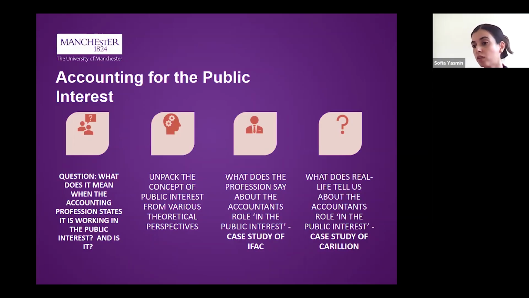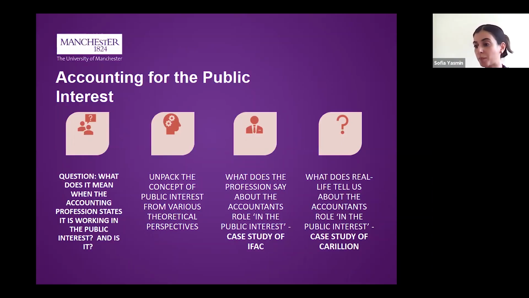And then we go on, after we've unpacked the notions, and one thing that students try to unpick and understand is that it's such a complex term, this notion of public interest, because one of the things that you consider is, well, who's the public? Which public are we talking about? Is public your normal, everyday person on the street?